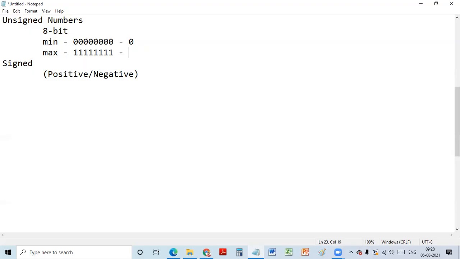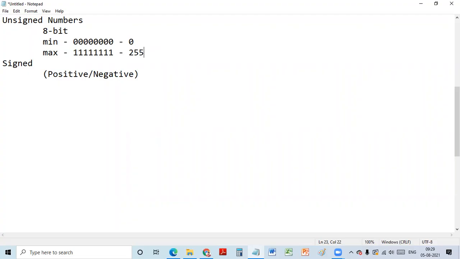No, 2 power 8 minus 1, because it starts with 2 power 0, 2 power 1, 0 to 7 bits. Totally 8 bits, right? 255. Yes, 2 power 8 minus 1 is 255. This is the minimum and maximum in the case of the 8-bit unsigned dynamic range.